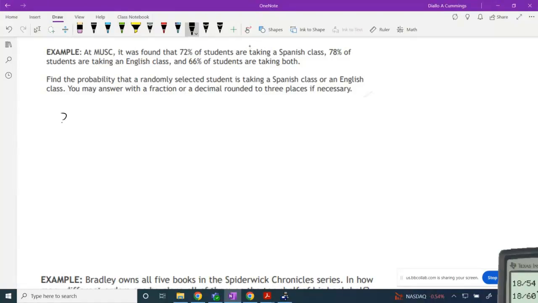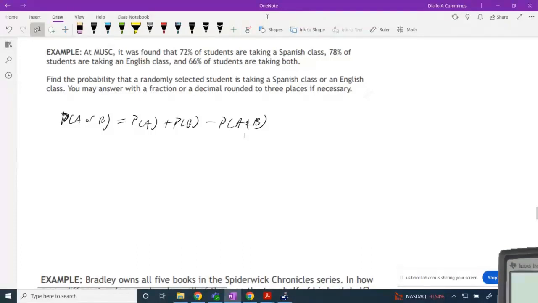So the probability of A or B equals the probability of A plus the probability of B minus the probability of A and B. A is going to be the students taking Spanish. B is going to be the students taking English.